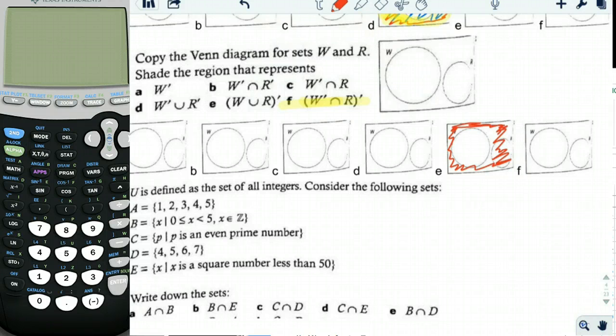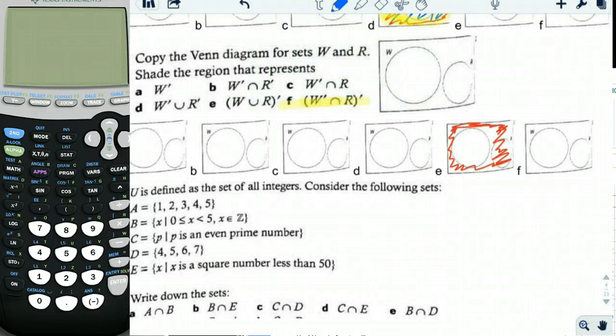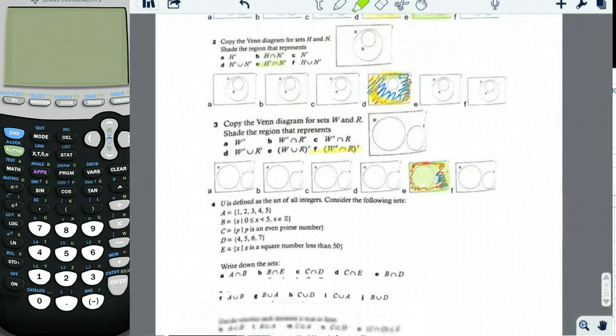And then intersected with R. R is this smaller circle. And so that would be this region, right? But then it says not that. So not that would be everything except for that circle, right? So it would be this green region here. It would be everything except for R.